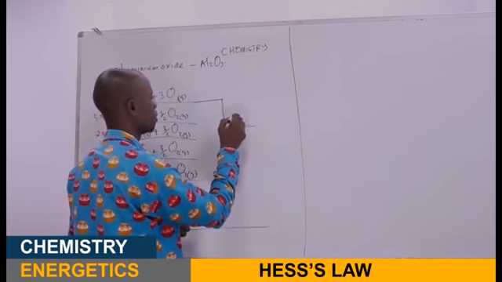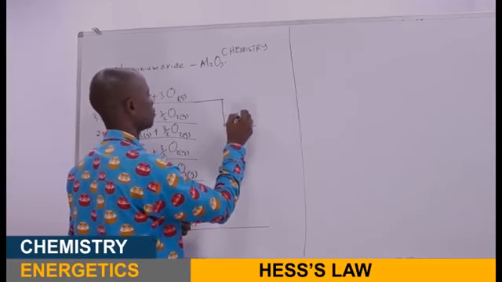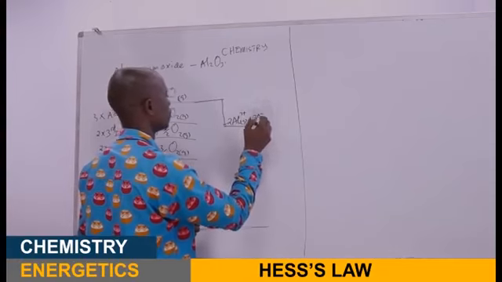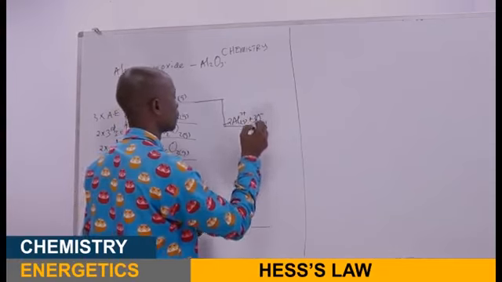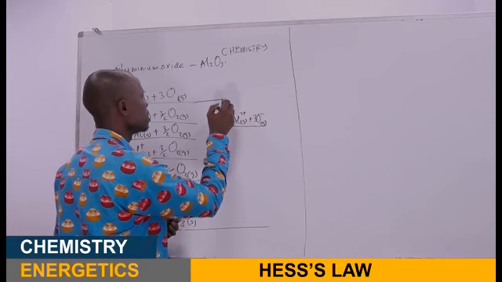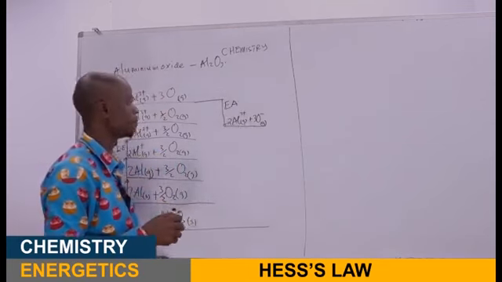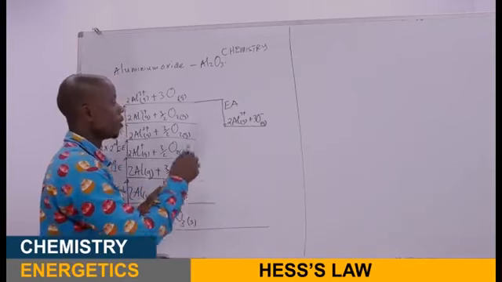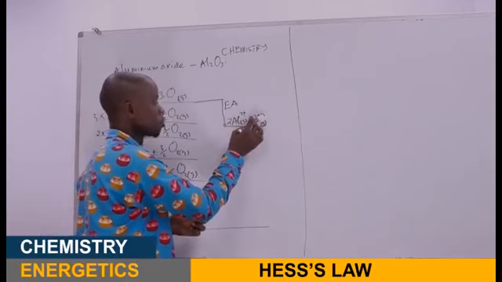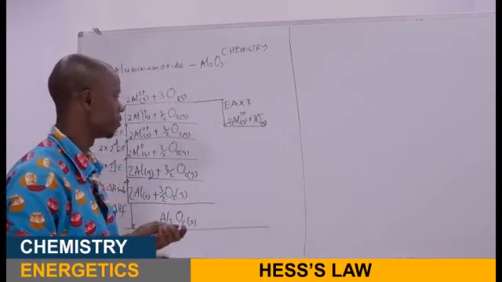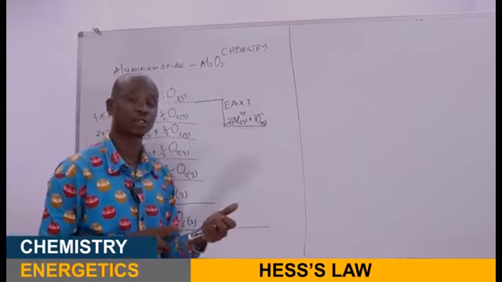Here you have aluminium. So this is electron affinity. Now, because there are 3 atoms of oxygen, you multiply by 3. That is the first electron affinity.